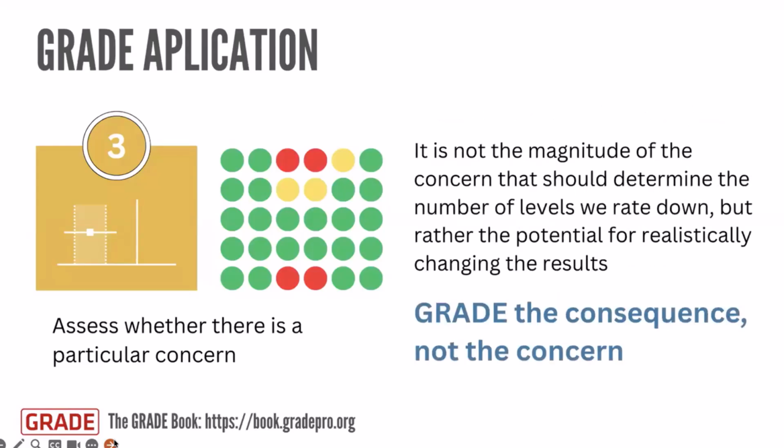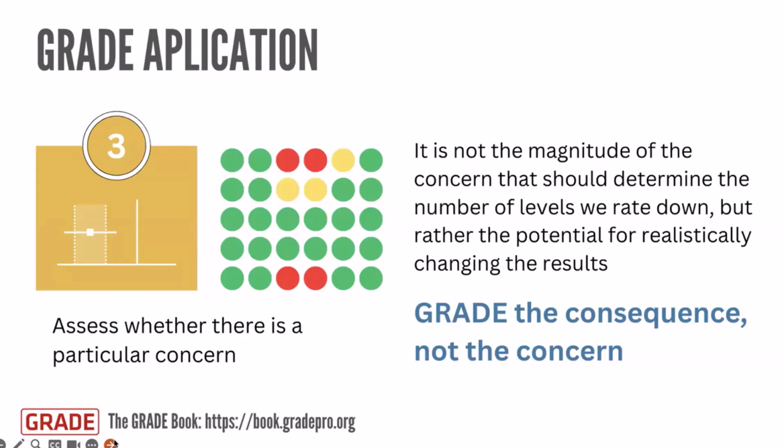Because you can actually test now, and this is greatly a benefit of this threshold approach, whether the magnitude of the concern matters, so in a way, whether there are differences between the high and low risk of bias trials or between the direct and indirect trials.